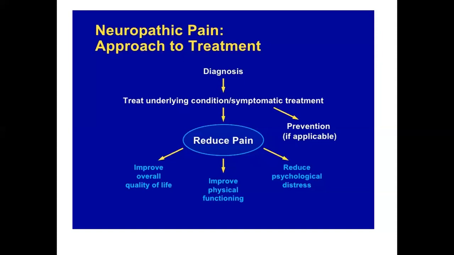At this juncture, your main aim or goal should be to prevent exacerbation of the pain, or the pain becoming more severe from the juncture at which you've seen the patient. That is one of the aims.